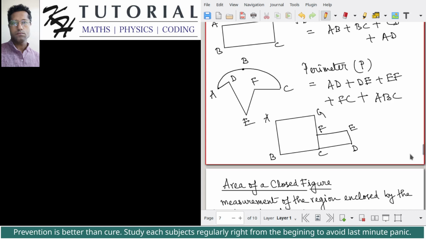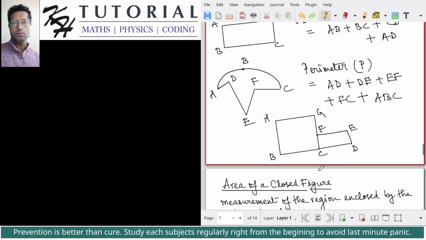So what will be the perimeter of this figure? This is definitely not a simple figure, because this figure is intersecting with itself at the points F and C. So this is not a simple figure, but this is a rectilinear figure.